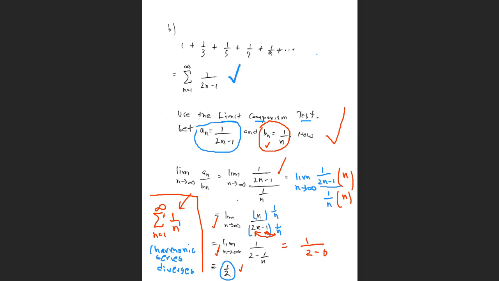But since the harmonic series diverges, our series would have to diverge too, because half of infinity is still infinity, you see. I think I said that nicely, but on the next page, I formalized it a little bit more.